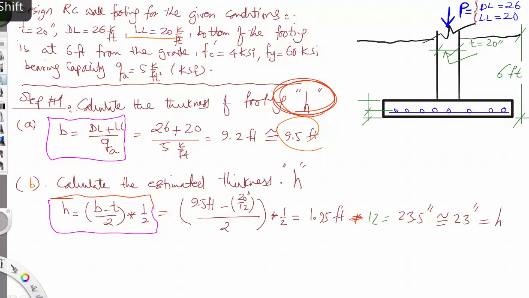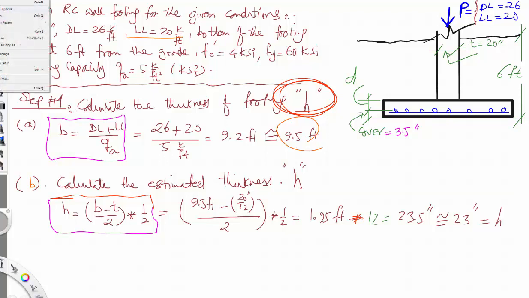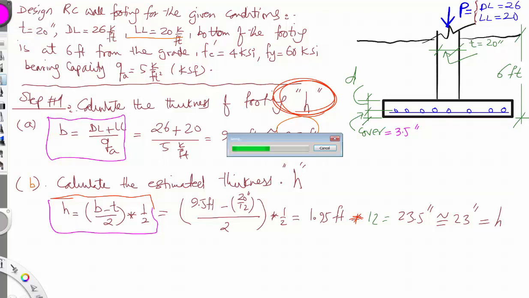This is the cover and this is the depth. I need to know both the depth and cover, and we will use the cover equal to 3.5 inches always. We have proven this from the previous building code: the clear cover is 3 inches, and we add half an inch for the reinforcement. So here I would be tempted to do the depth.